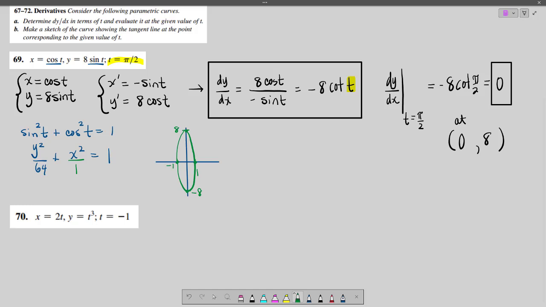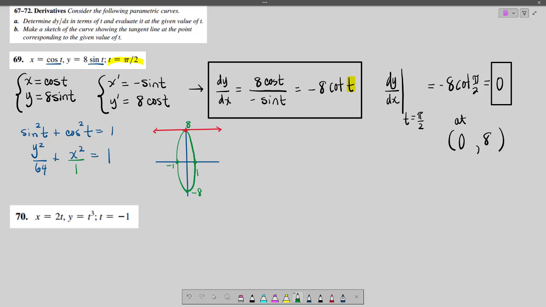So there's the ellipse, and we just calculated over here that the slope at 0,8 is 0, and that's because we have a horizontal tangent line up there. So there's our horizontal tangent line at 0,8. So there's the picture of what we're dealing with.